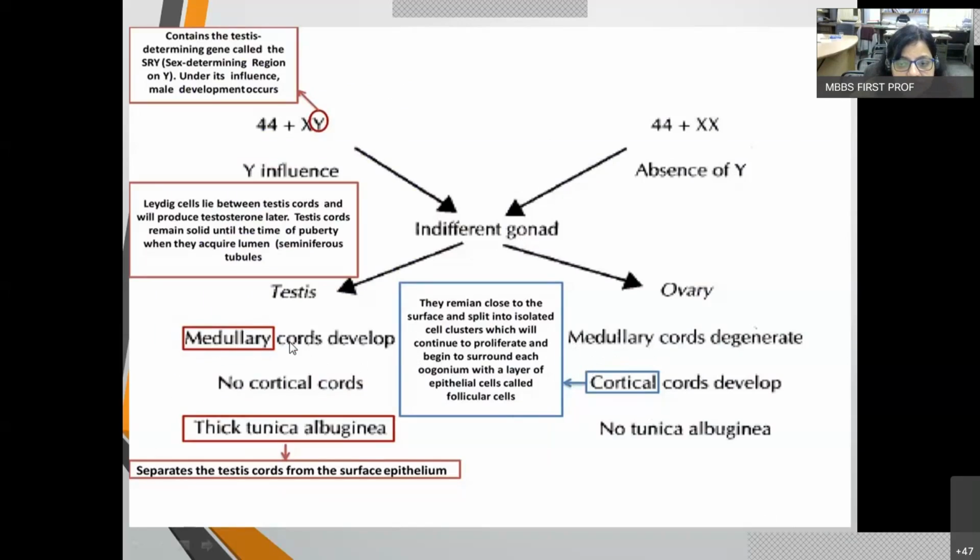That is, medullary cords here degenerate, but the cortical cords are present in the ovary. They form oogonia. Here there is a thick tunica albuginea, which separates the testis cords from the surface epithelium, and here in the ovary there is no tunica albuginea. So if you are asked to write about the differences, how the male and female development is taking place and how the testis and ovary differ in development, you can write all these points.